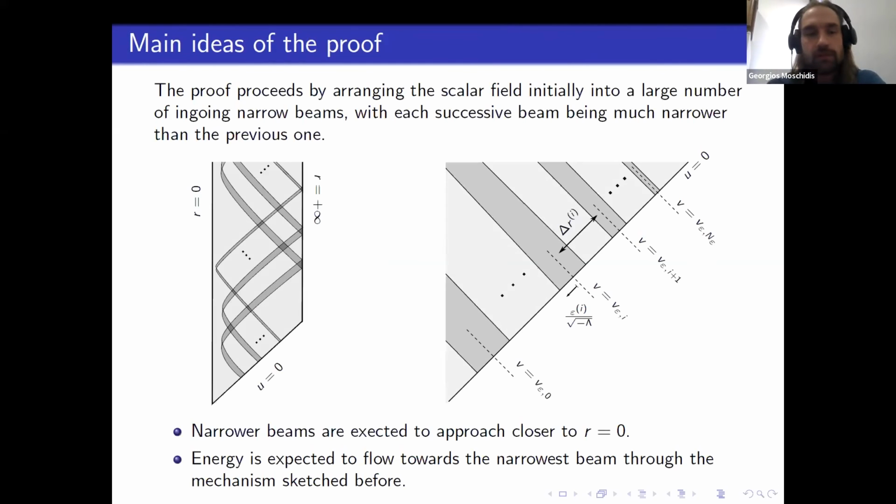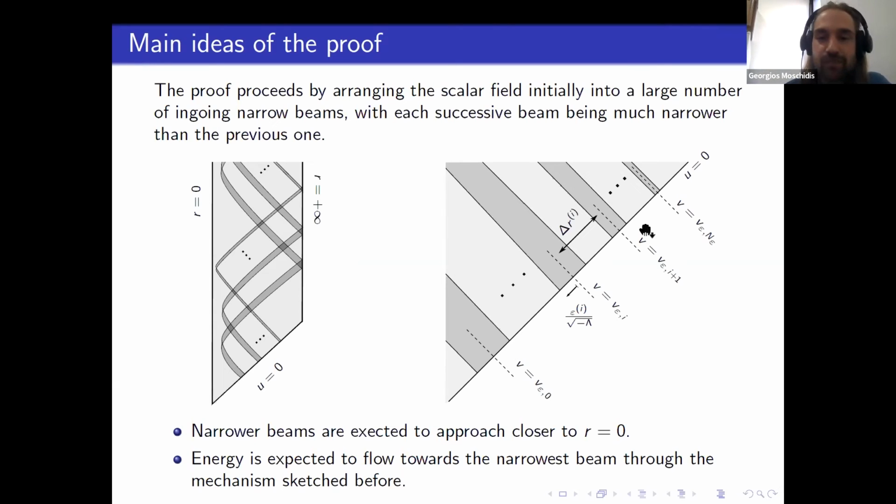Okay, so let me tell you a little more about the proof. What I need to do is take the heuristic mechanism that I told you about before and turn it into a rigorous mechanism. So again, I'm going to set up my initial data into a large number of matter beams. Each beam has to be very narrow.